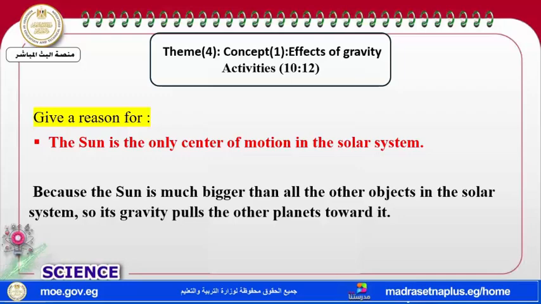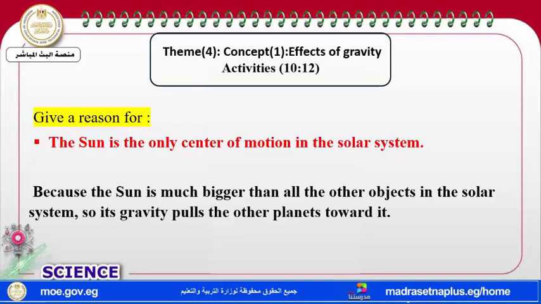Why? Because the sun is much bigger than the other objects. No object in the solar system is as big as the sun or bigger than it. So it has more mass, and therefore more gravitational pulling force on other planets toward it.